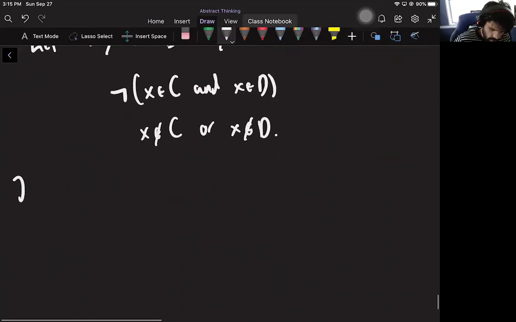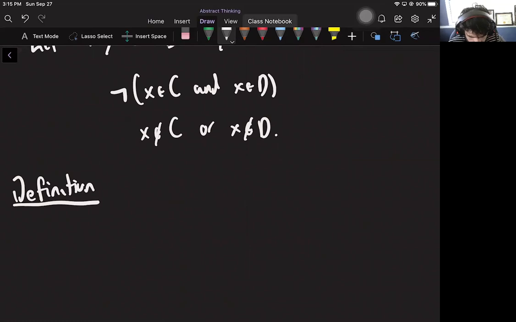All right, so the next definition is sort of like the opposite of intersection.